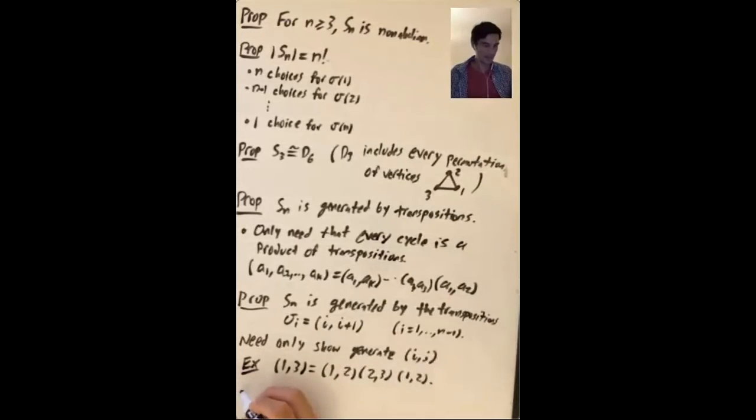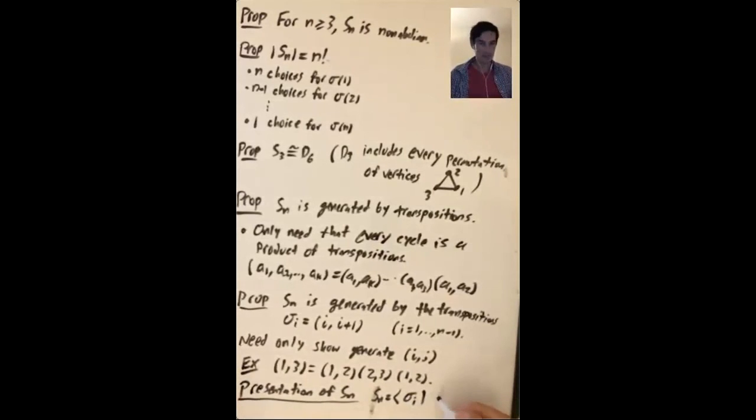So the very last thing I want to show you here, and I have just enough space, is something that I'm claiming is a presentation of Sn. So Sn, let me write it here, is generated by these sigma i's where they're all transpositions. So if you square, you get 1. So sigma i squared is 1.